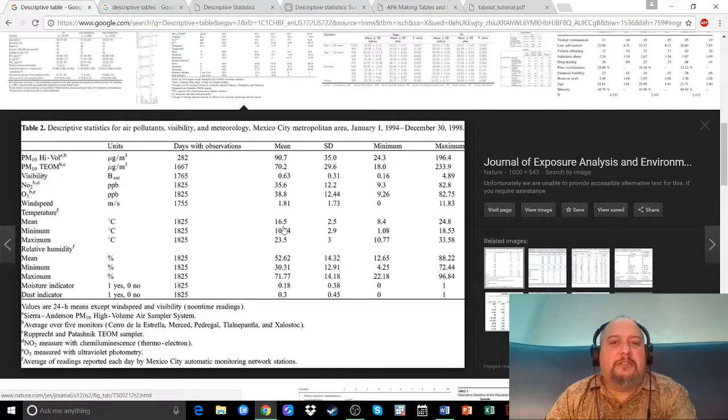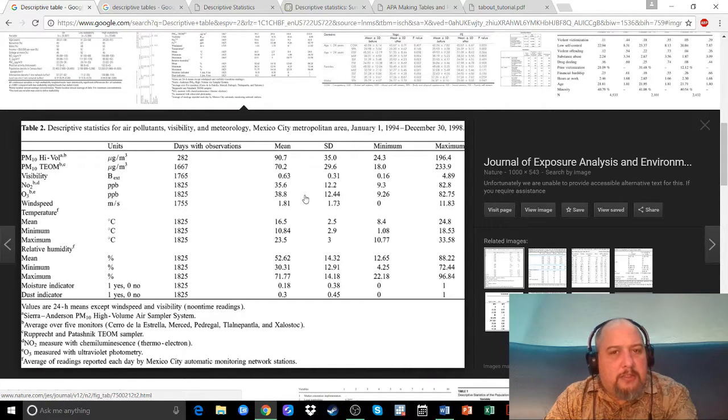Does that make sense? I know what they're trying to say, and what they're really trying to say comes in under the minimum. The minimum value for all of these dates, for 1,825 observations, the average minimum value was 10.84 with a standard deviation of 2.9.